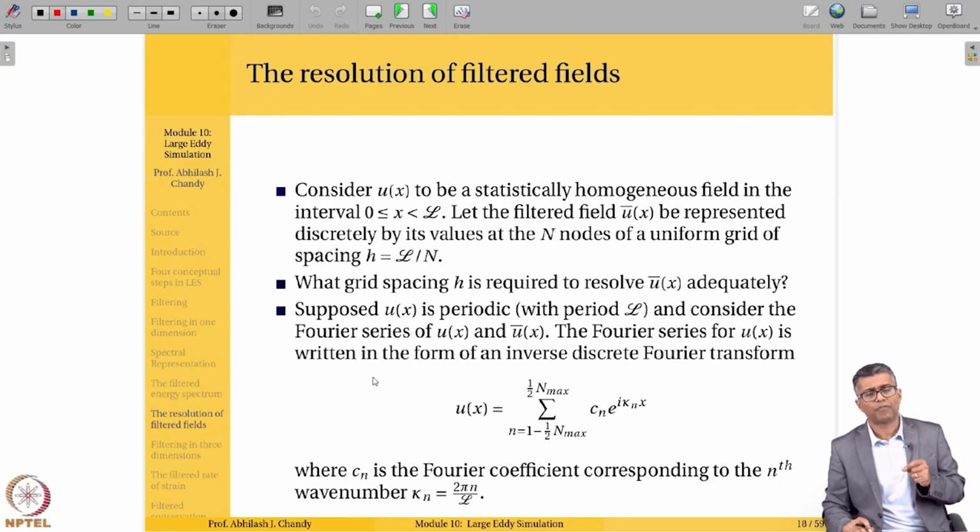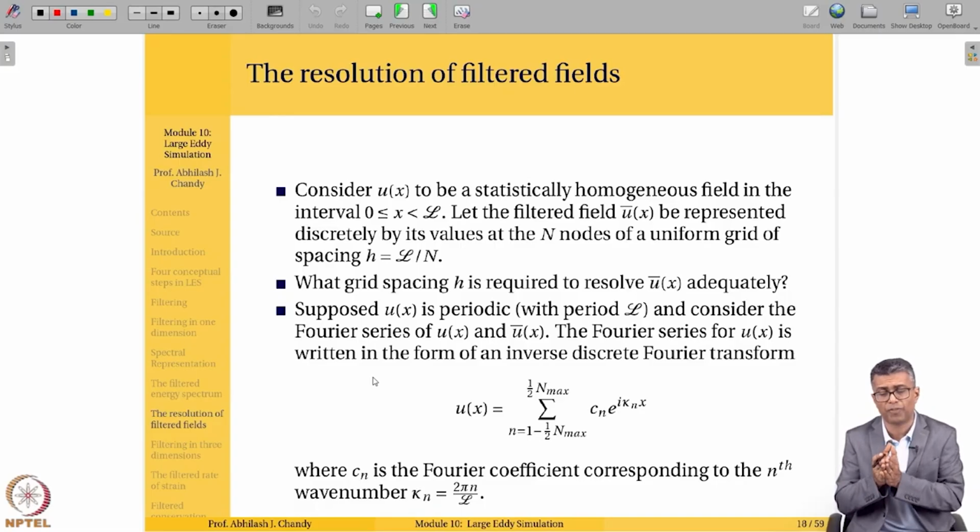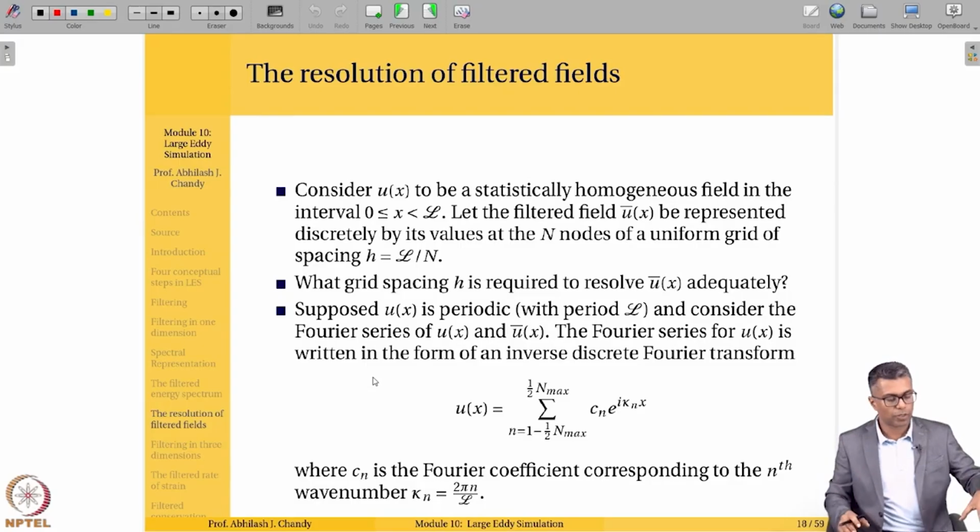So now, I want to talk about the resolution of the filtered field. Here a little bit of strategy comes into play as to what my velocity field is going to look like and how many modes, as in how many wave numbers, I am considering. We did the same thing for direct numerical simulation. We took u of x to be a statistically homogeneous field.